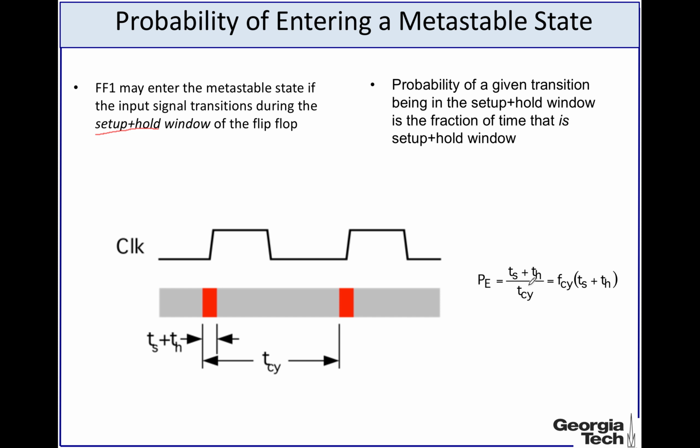So if the clock period is TCY, then the probability of entering the metastable state is the setup time plus hold time divided by the cycle time, which is the period. So essentially it is the probability of a given transition falling in this setup plus hold window.